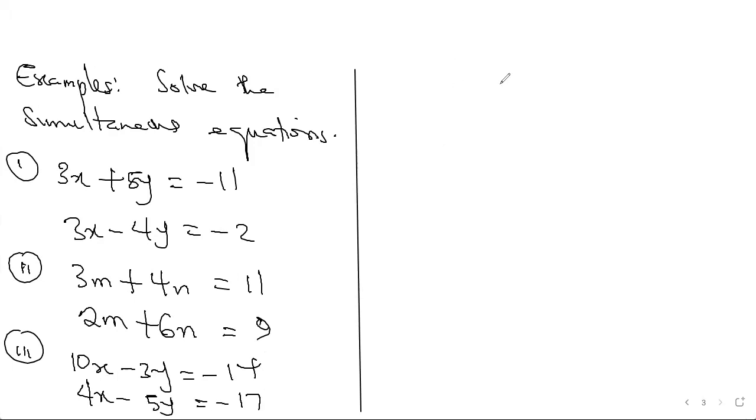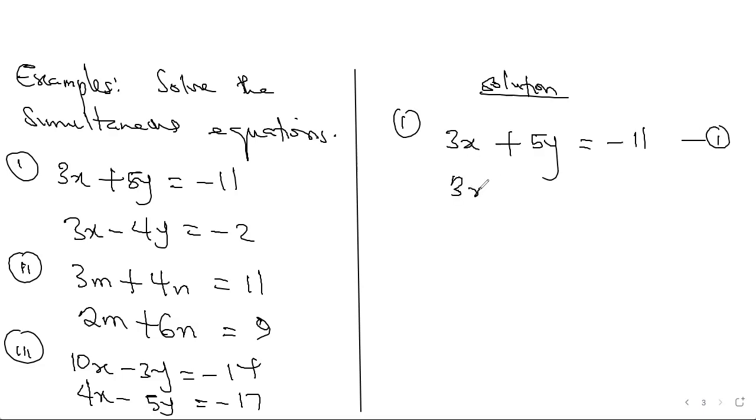Okay, so let's solve the first one. The first one, you have 3x plus 5y equals minus 11. This is equation 1. Then 3x minus 4y equals minus 2. This is equation 2.